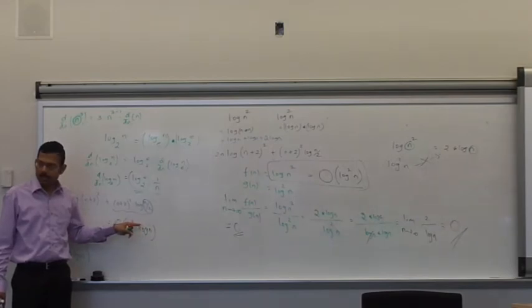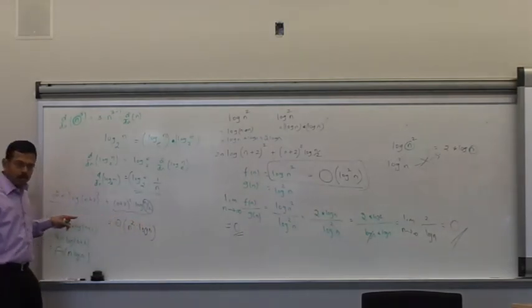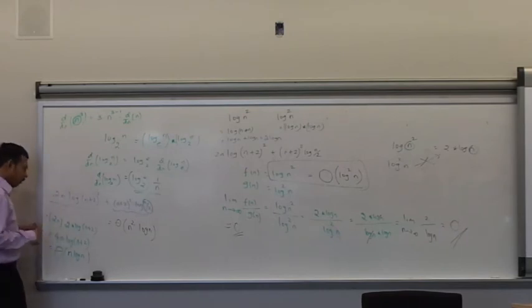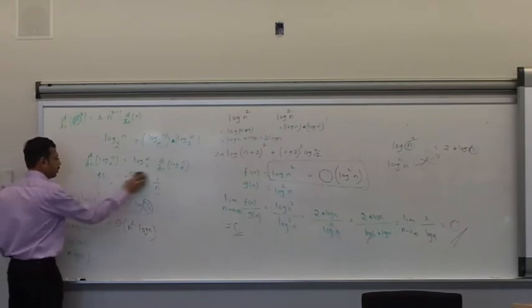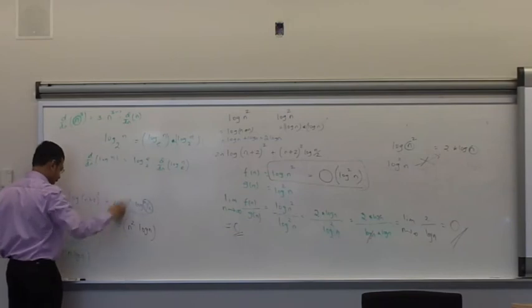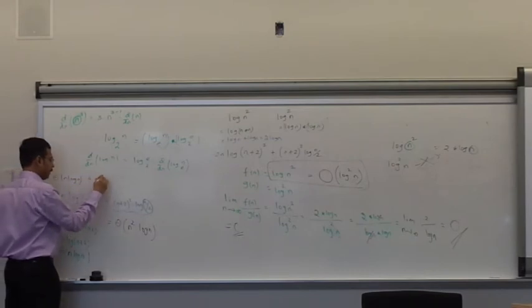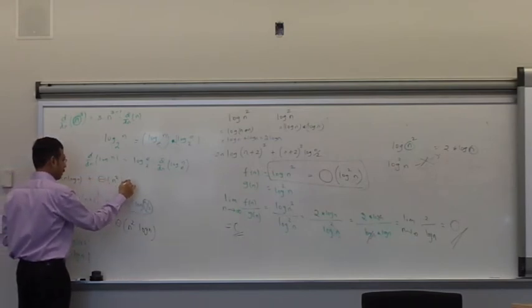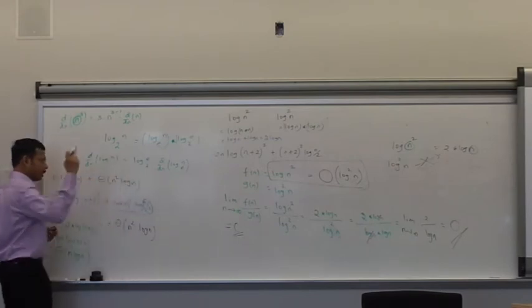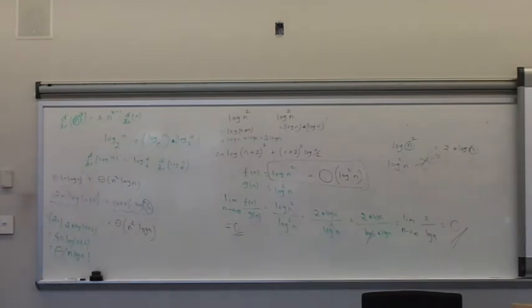Alright? So now looking at these two, the first term is theta of n log n. The second term is theta of n squared log n. So between the two, using our original theorem, which one grows faster?